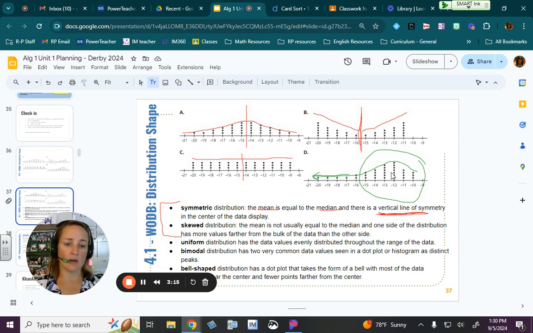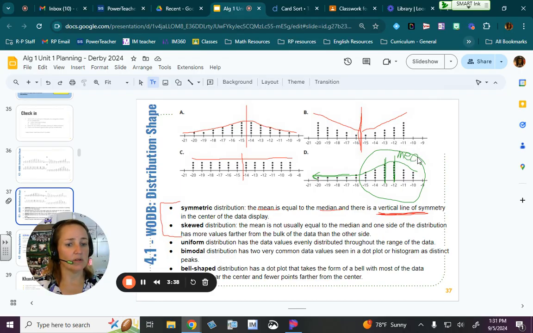Okay, that means that the mean and the median are not equal to each other. The middle value would be somewhere around about here at -12, maybe -13. Okay, so if we counted to the middle number, I guess it would probably be around -13. That's where the median is.